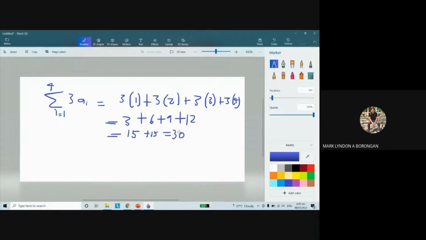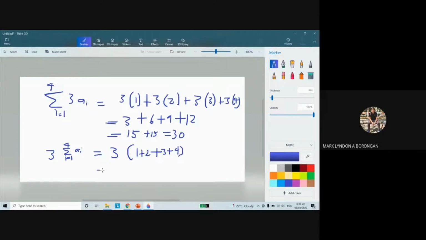But, if atong i-apply ang property 2 ani guys, mahitabo ani niya is this. If i-apply na tong property 2 ani, I equals 1 up until 4 man na siya, then A sub I ni. Ang mahitabo ani, mahimo siyang 3 times 1 plus 2 plus 3 plus 4.